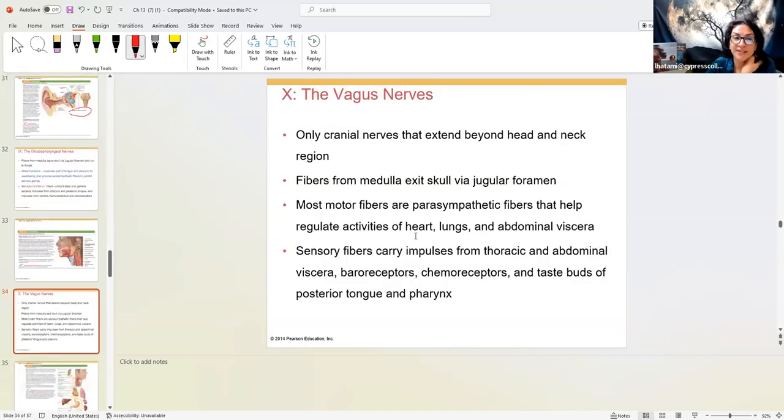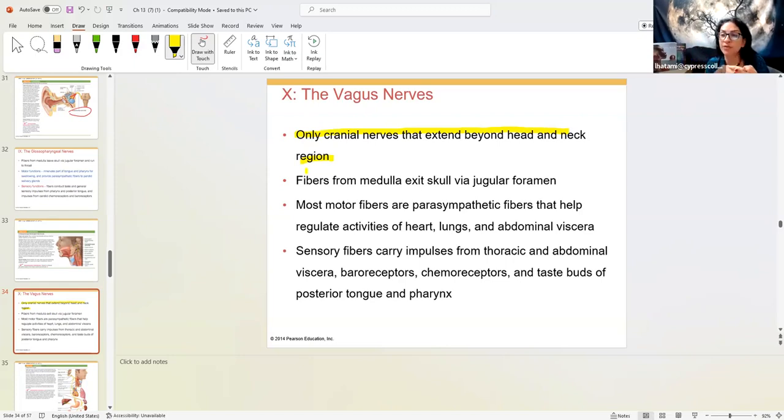Next, we have the vagus nerve. Please make sure you understood that the vagus nerve is the only cranial nerve that goes beyond the head and neck region. So far, we talked about cranial nerve number 1, related to the nose, about smelling. Cranial nerve number 2, related to the eye, about vision.